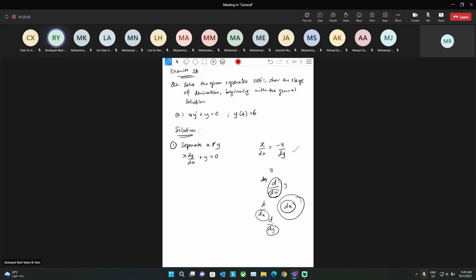Boleh faham tak maksud saya? In this case, kita tak ada d over dx, d over dy. Kita ada dx and dy saja. See, we have only dx and dy, so please put it above.